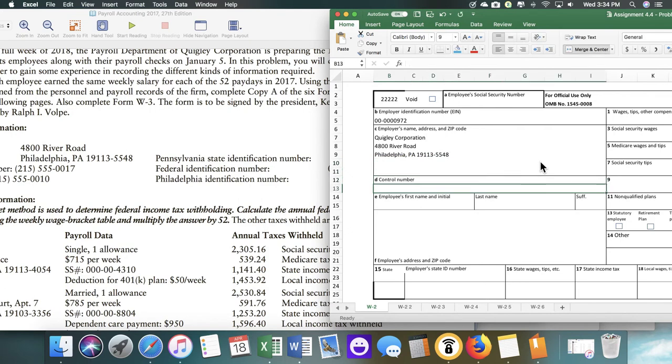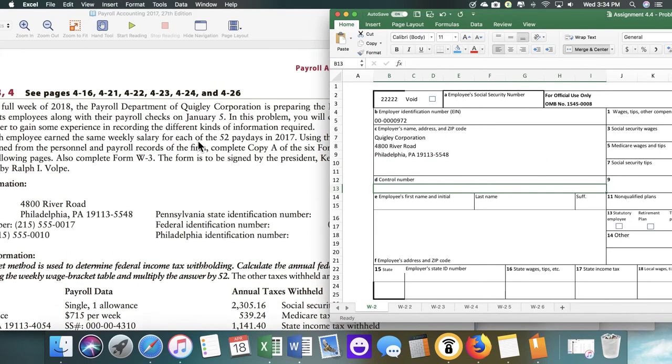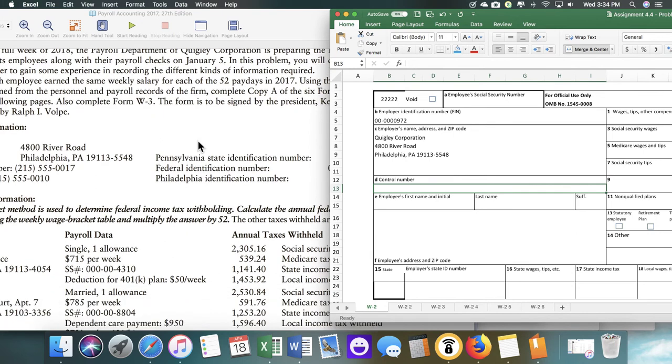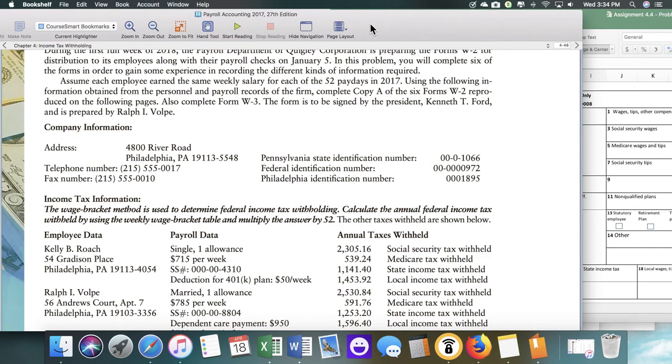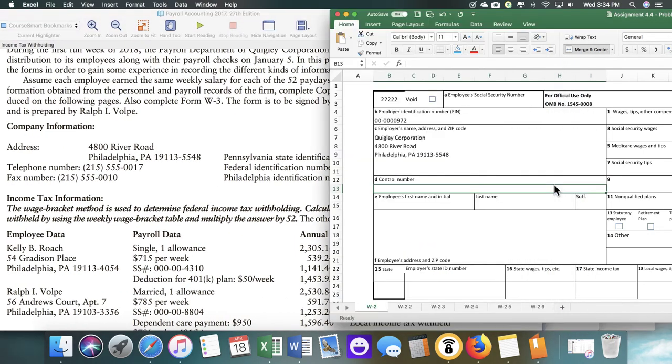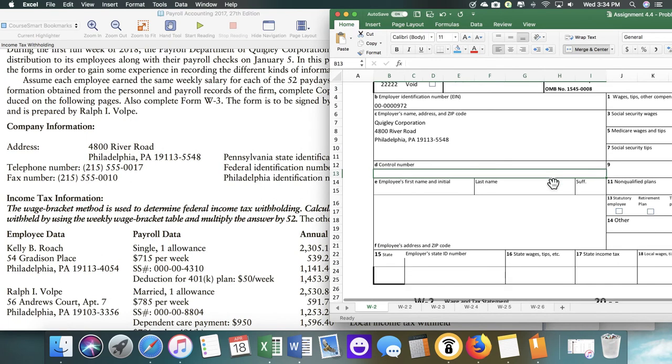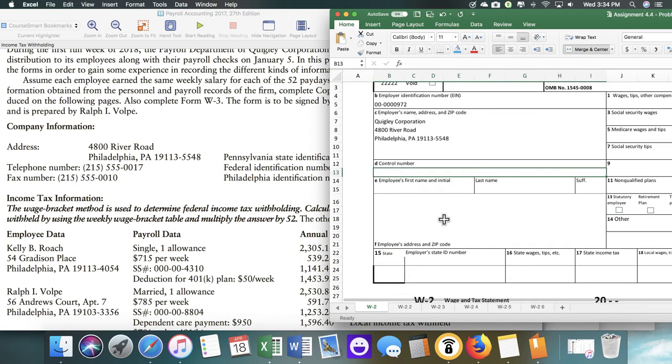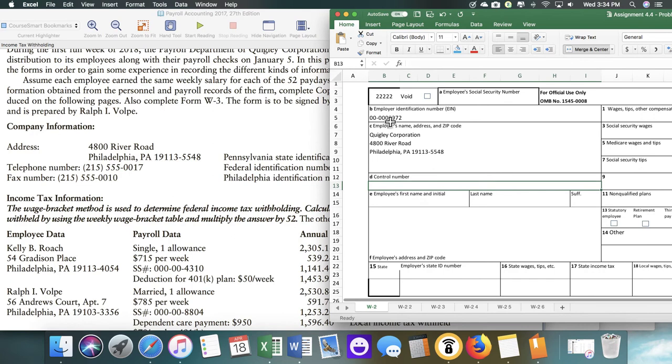Control number is something we are not given. And so I'm going to pause the video and go ahead and enter this information on the other employees' W-2s that we have to complete.